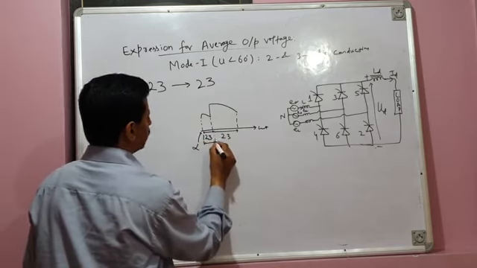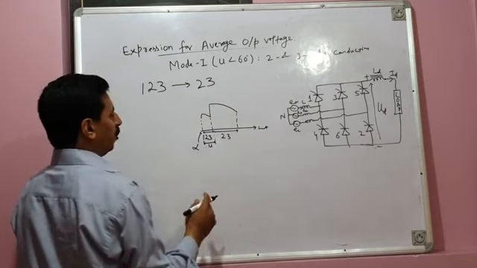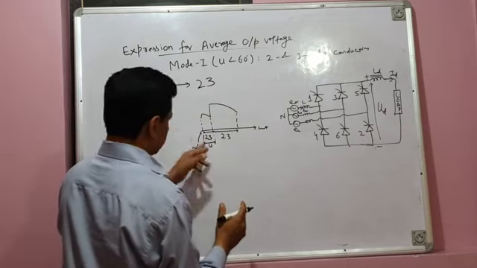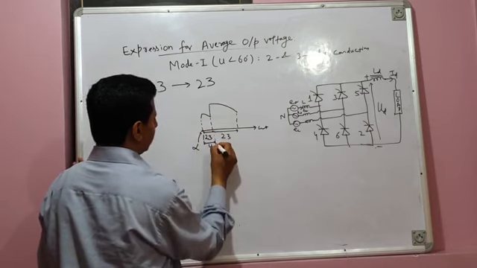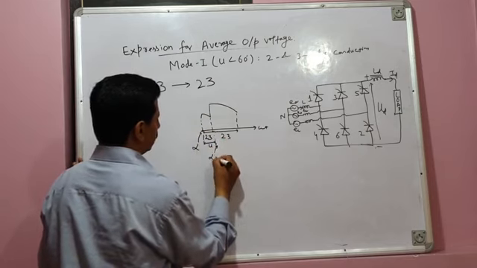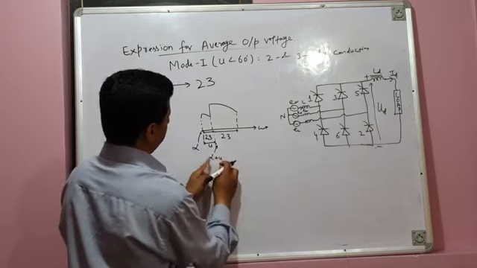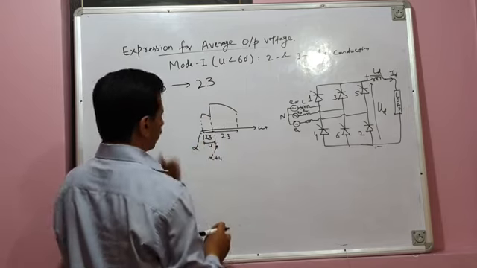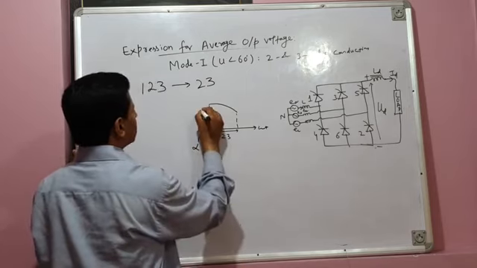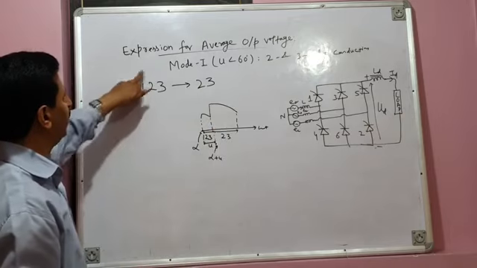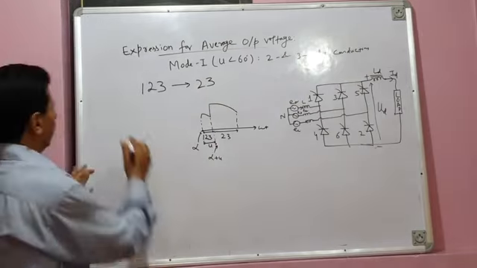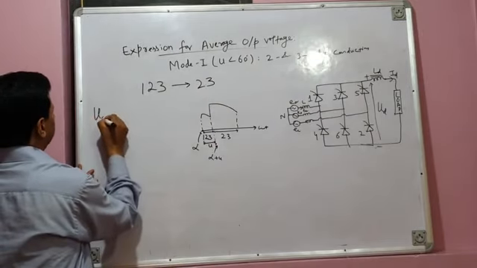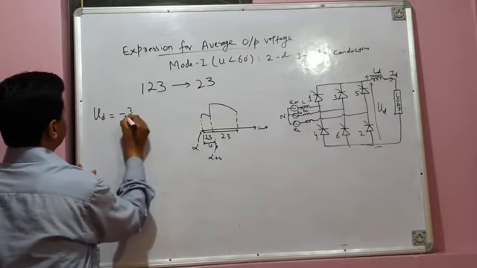This time period is U, because during it commutation between 1 and 3 takes place. This is the overlap angle. So if this instant is alpha, this instant will be alpha plus U. What is this voltage? We know, as seen in the last lecture, that when valves 1, 2, 3 are conducting, the load voltage Vd is equal to minus 3 by 2 EC.